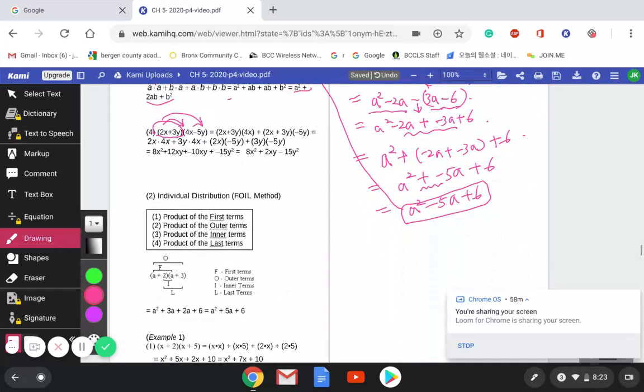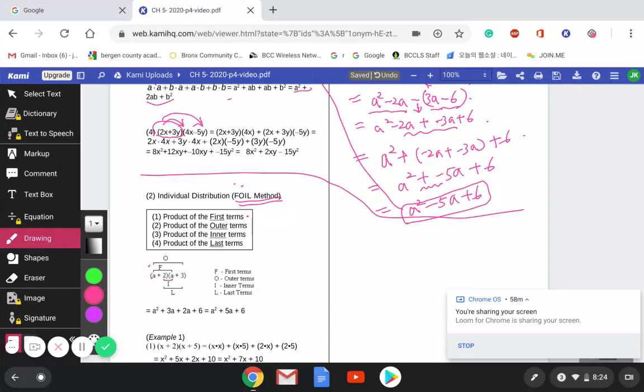Okay. Now, this is by the distribution. But there is something called the FOIL method that many people like to do. FOIL comes from F for first, the first one with the first one. So when you have this, a and a first, because those are the first terms. And O for outside one.